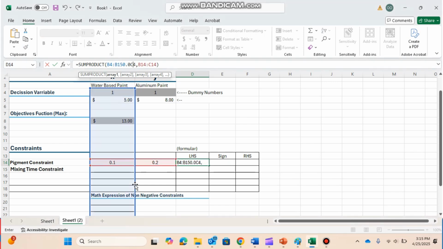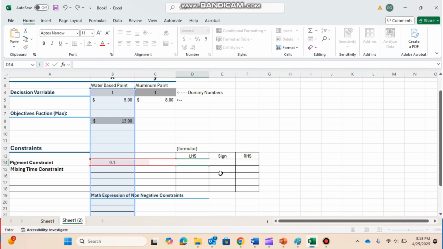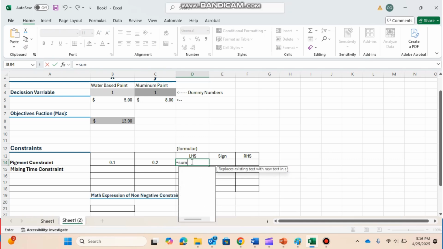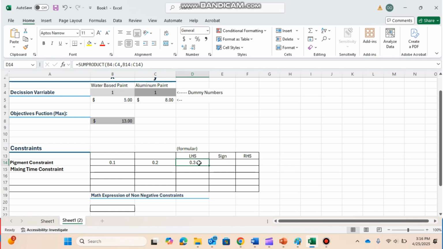0.05. Okay, sorry, I need to repeat the formula. This equals SUMPRODUCT, like these ones inside.